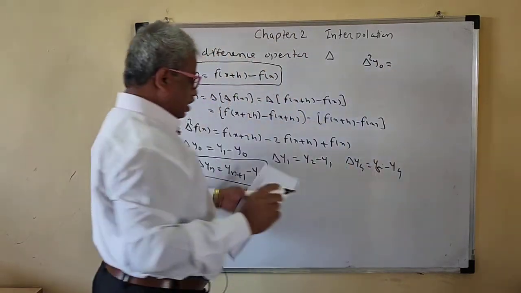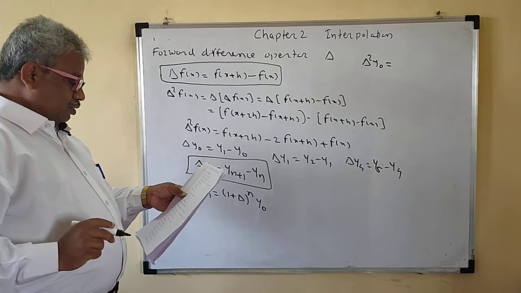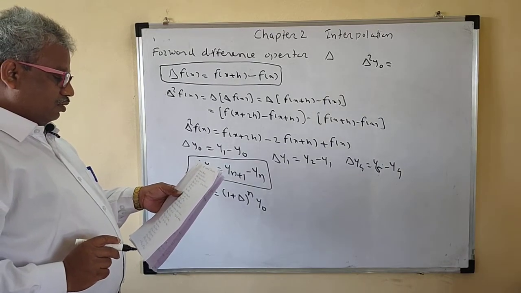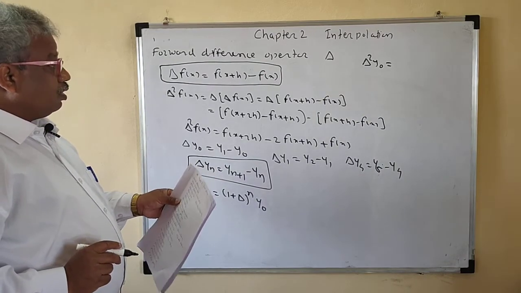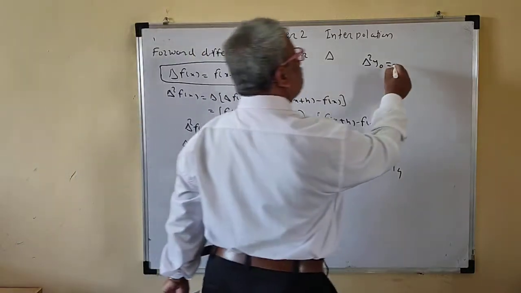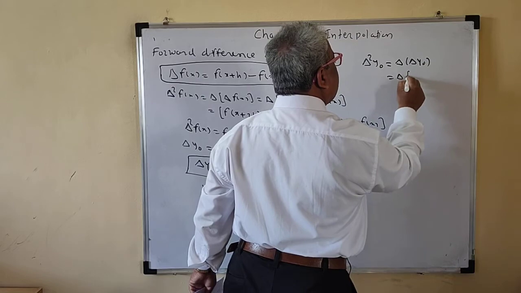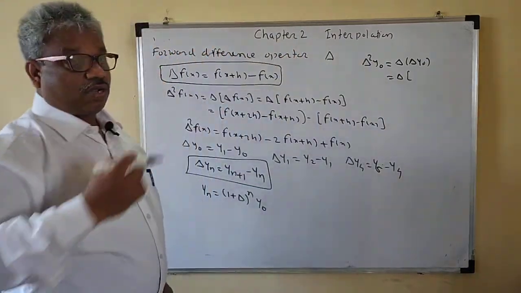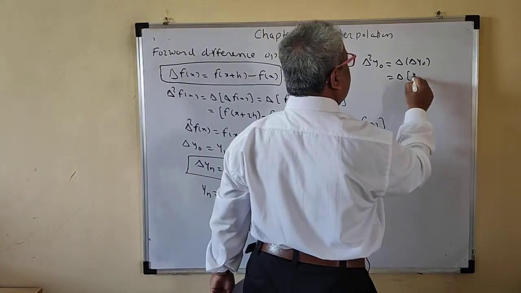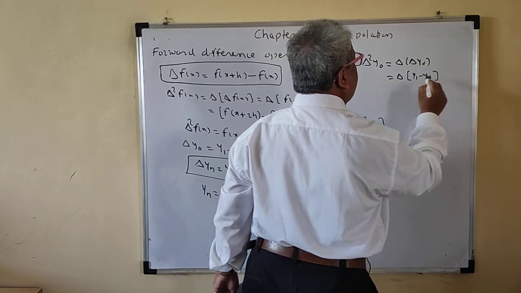What is del square y naught? This is del of del y naught, which is del of y1 minus y naught.